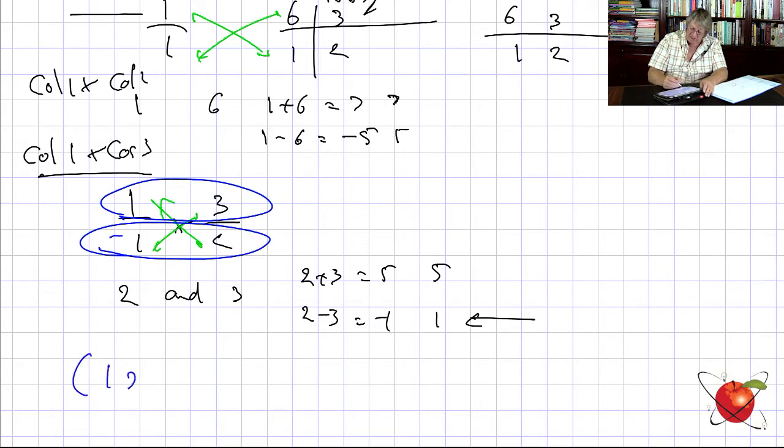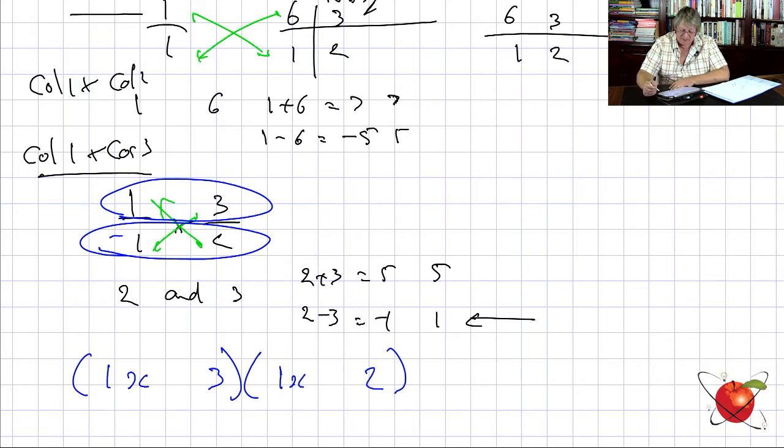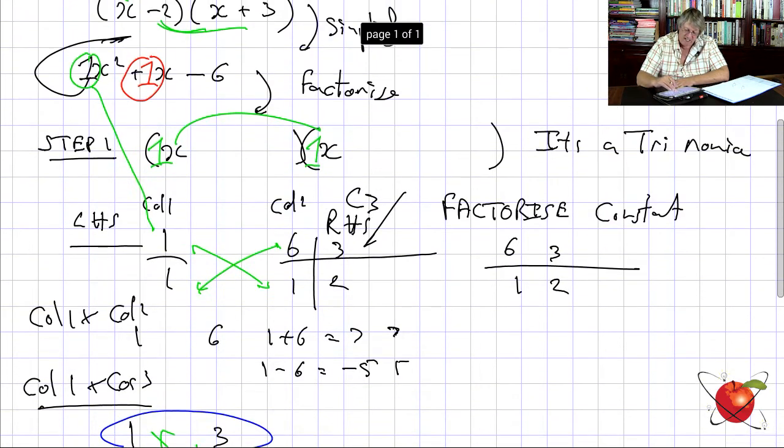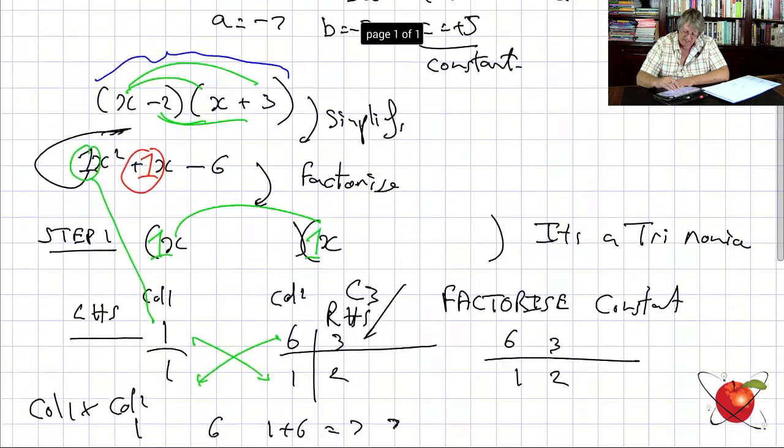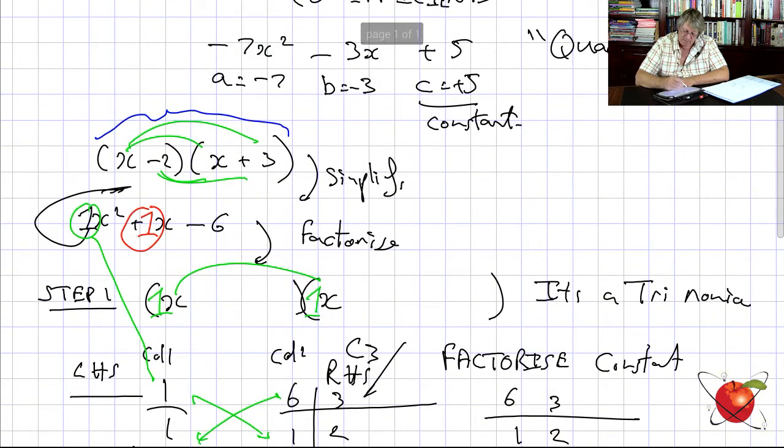So it's 1x and a 3 and 1x and a 2. Now, how do we work out the sign? Generally, we put the biggest number there. What was the equation? It's a plus 1x, isn't it?